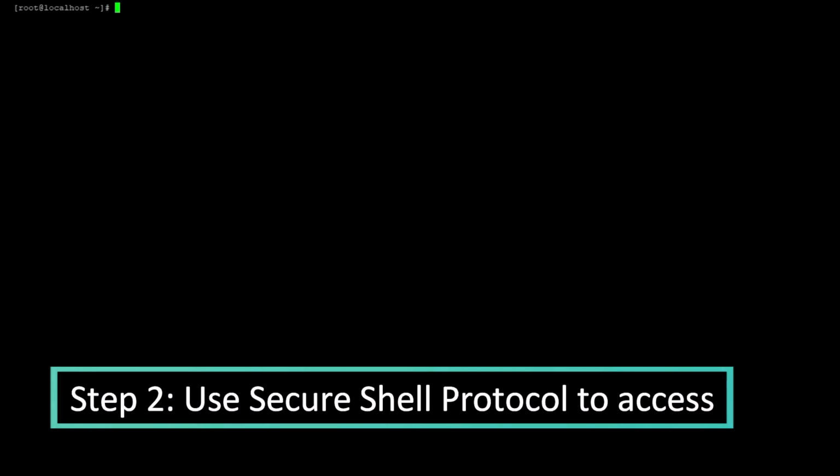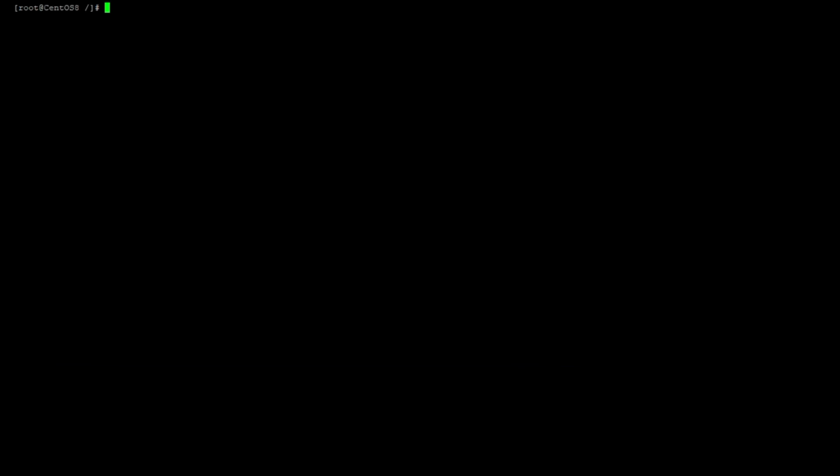Okay, the next step is to enable the secure shell protocol, or SSH in short, and also change its port to a different one so that it enables you to make a secure connection to your network services over an unsecure network. Okay, here is the command to install the OpenSSH.